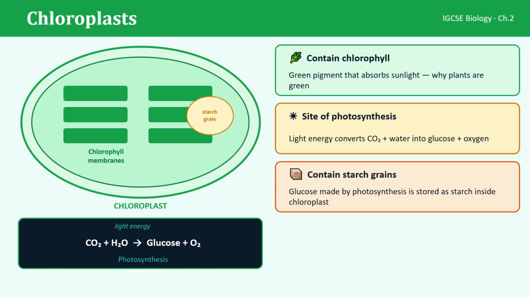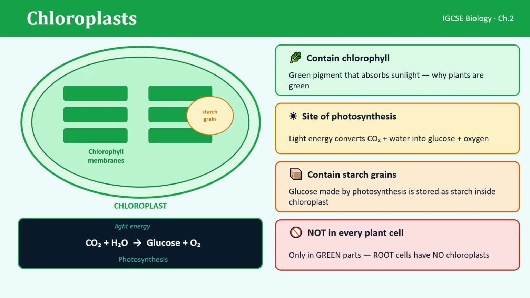Now a very important exam point is that not every plant cell has chloroplast. Chloroplast will be present in the green parts of the plant like leaves and green stems. You have to remember this thing, that chloroplasts are present in green parts of the plant.